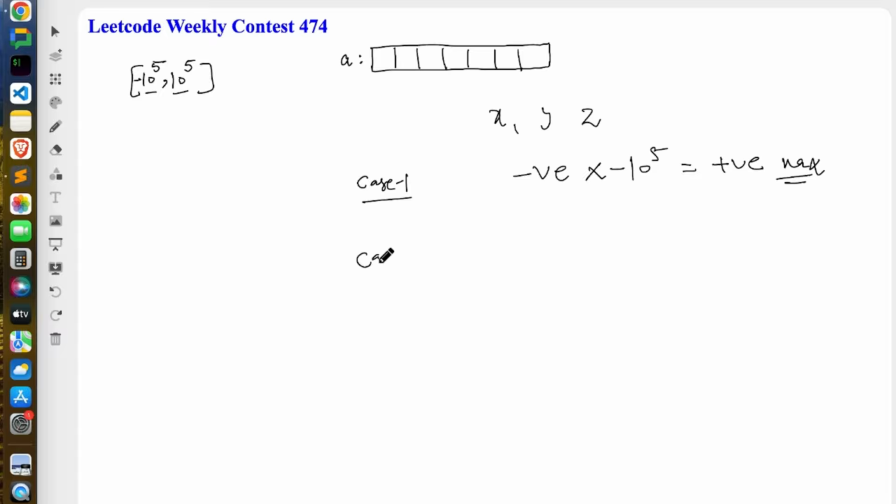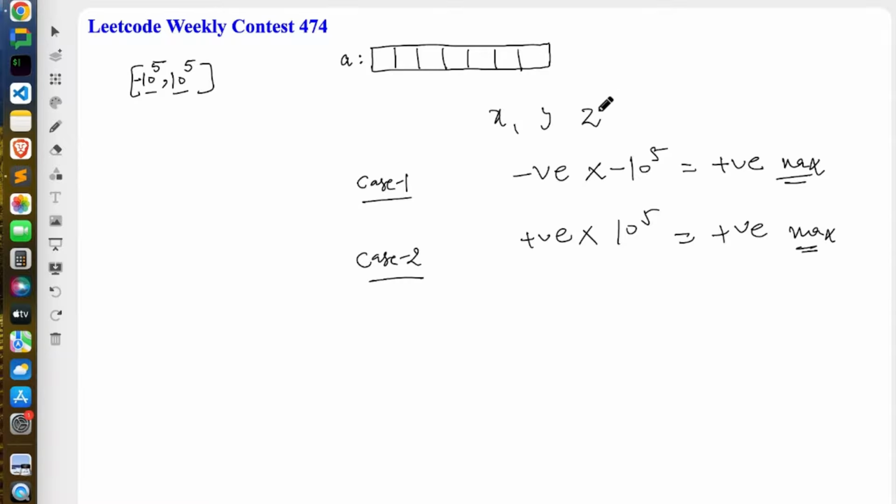Now let's consider case number 2. If the multiplication of the two unreplaced numbers is positive, then I'll be replacing the remaining number with 10 to the power 5. So in that situation also your number becomes positive and maximum possible, right? What it means is that the product of the two unreplaced numbers could be either negative or positive, because if it is negative, we can again make it positive by taking minus 10 to the power 5.